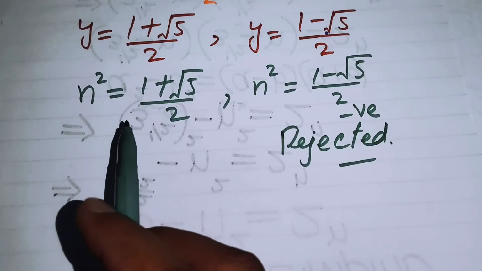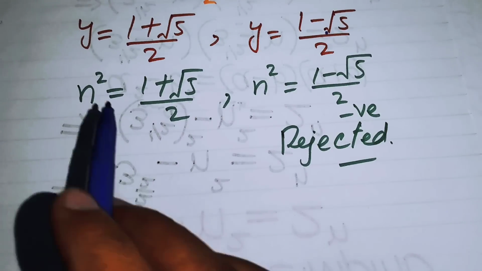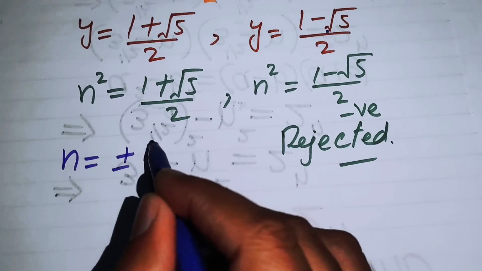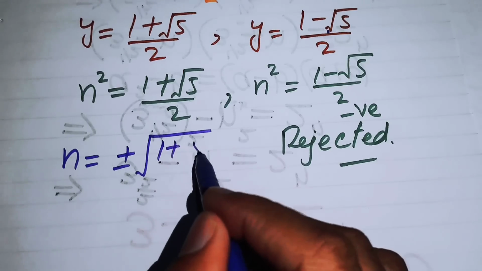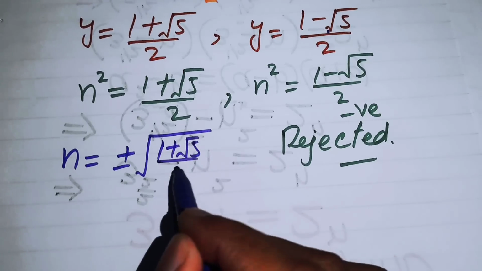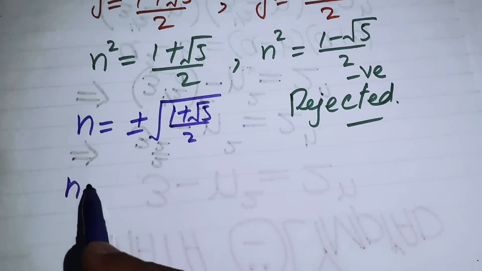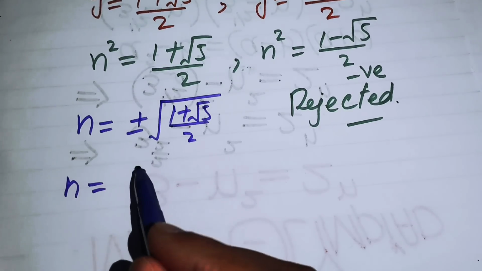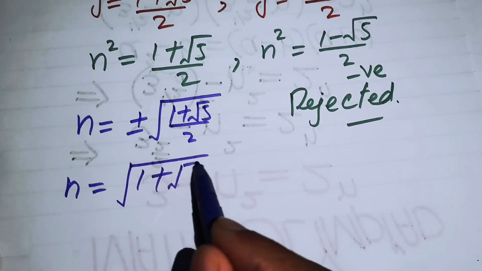So here we proceed with the first case only, and in this case we take the square root on both sides, and you will get n equals plus minus square root of 1 plus square root of 5 over 2. Again you see that we have positive and negative values, and we will reject the negative value because n is the side of a triangle, so it cannot be a negative length.